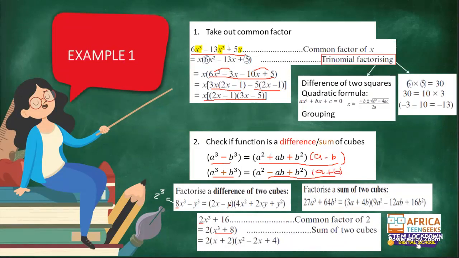But at the end of the day, you will use the formula and then you get your factors. And this one you can factor out by inspection or using the quadratic formula. Okay, so are you guys fine with this point?